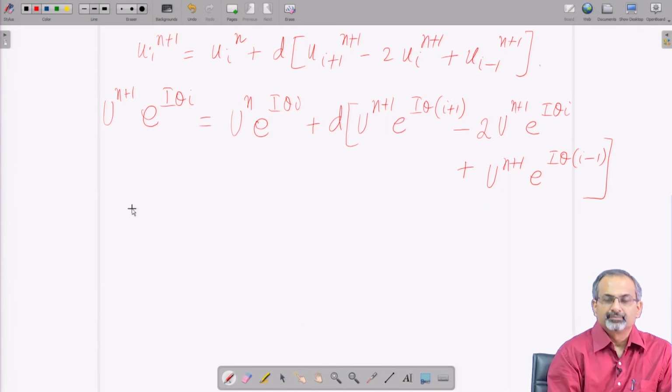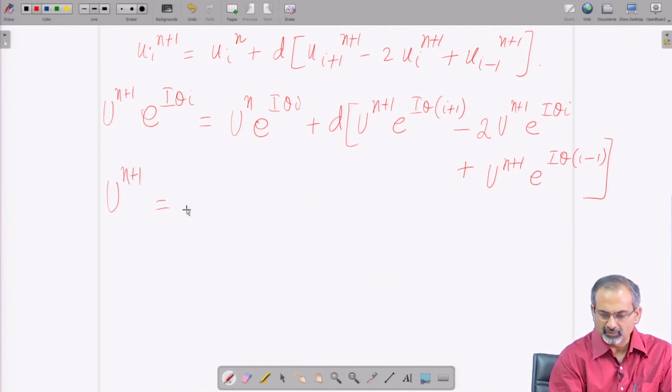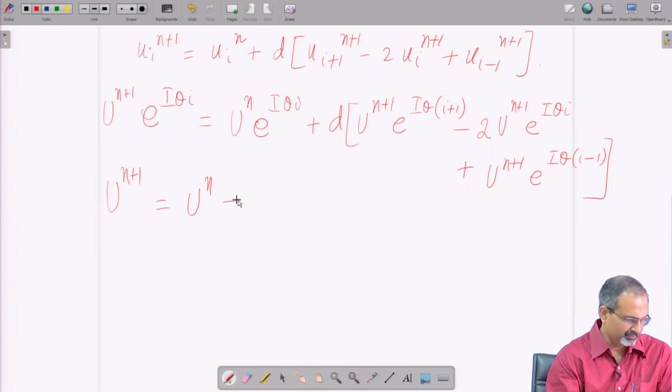So, we can take e^(I theta i) common, and we should be able to get this form.